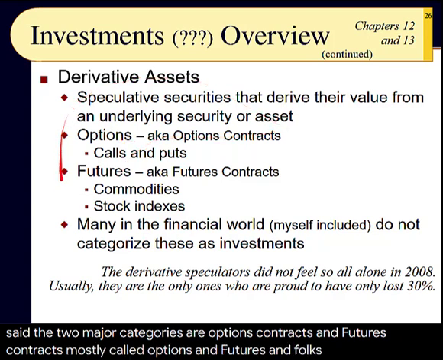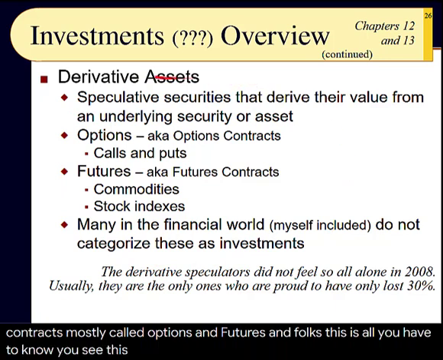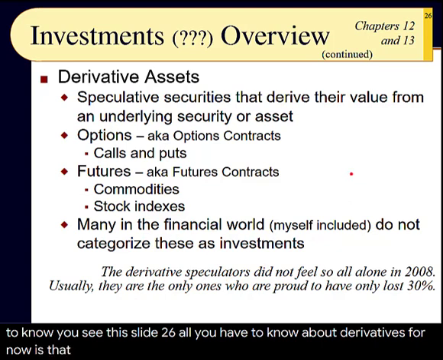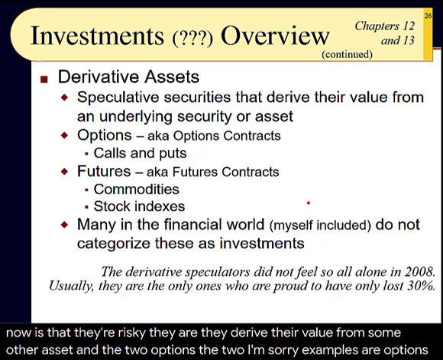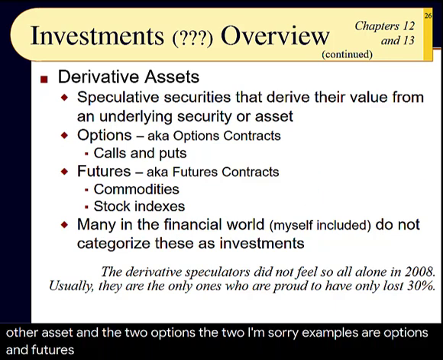And folks, this is all you have to know. You see this slide, 26? All you have to know about derivatives for now is that they're risky. They derive their value from some other asset, and the two examples are options and futures. Stay away.